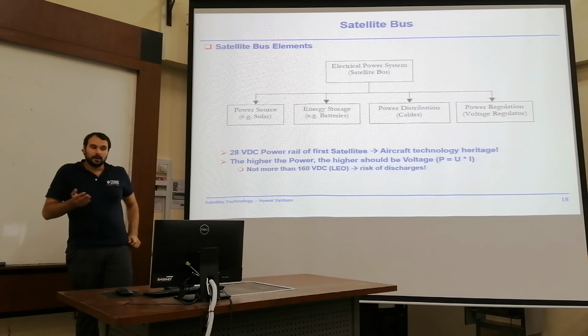And now that it's inside our satellite, we don't want to waste any more power. That's why we want to keep the losses really low. We need to increase the voltage for the same amount of power. However, we shouldn't do that above 160 volts direct voltage, because then we have a very high risk of discharges. We could have an arc that destroys our solar cell.